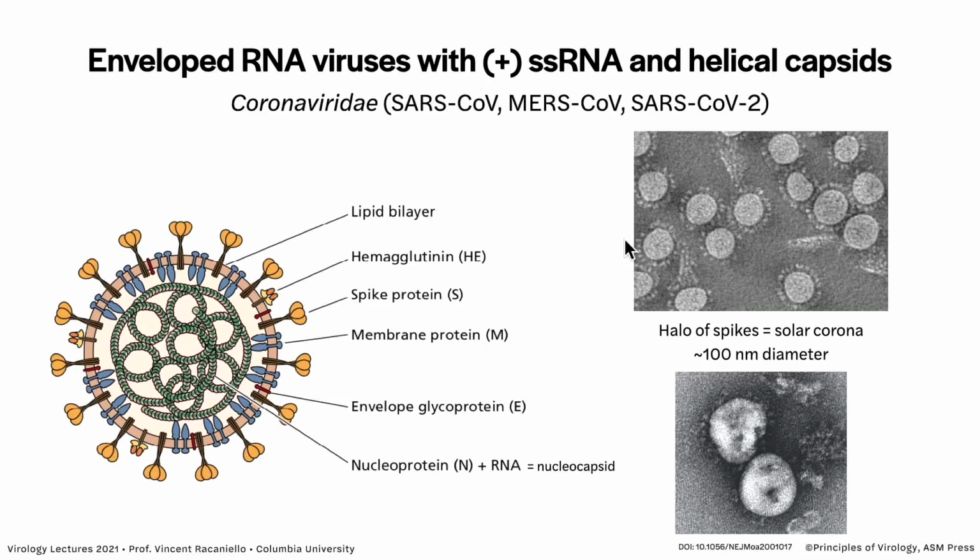And again, the coronavirus was called coronavirus because when they were first looked at in the EM, someone said, it looks like the solar corona, this fringe of spikes around the envelope, and so they called them coronaviruses. And when that first virus was isolated from patients in China, early 2020, they did an EM.